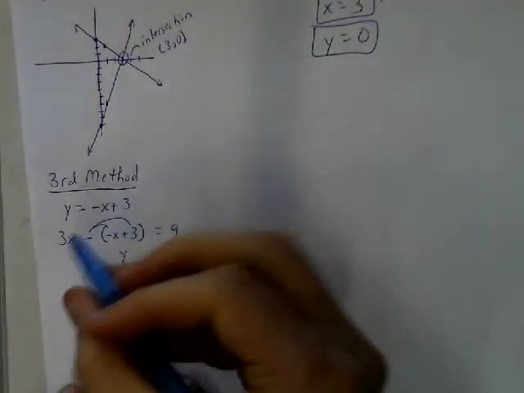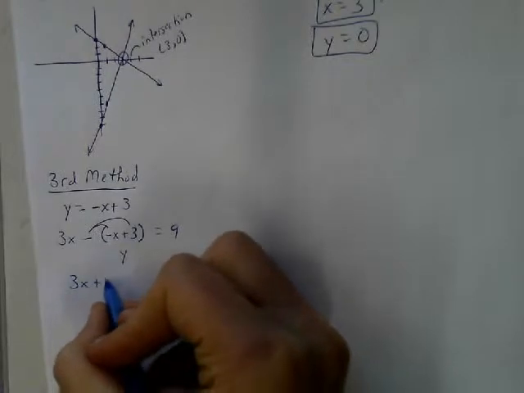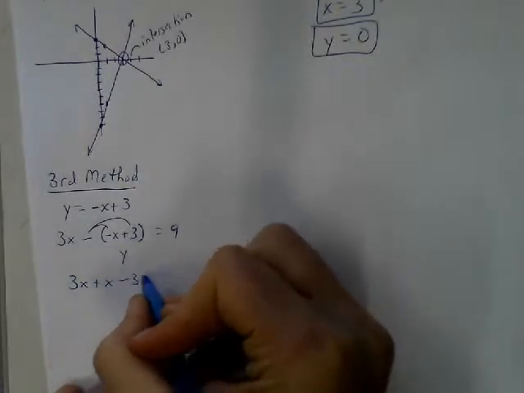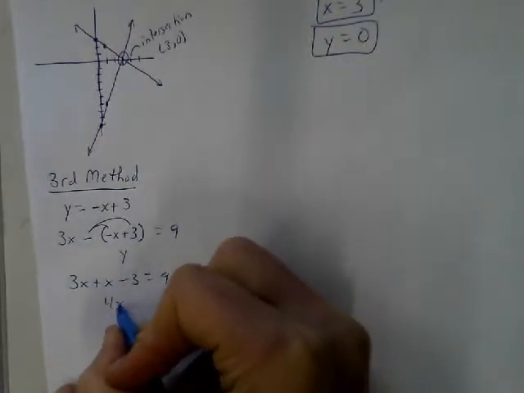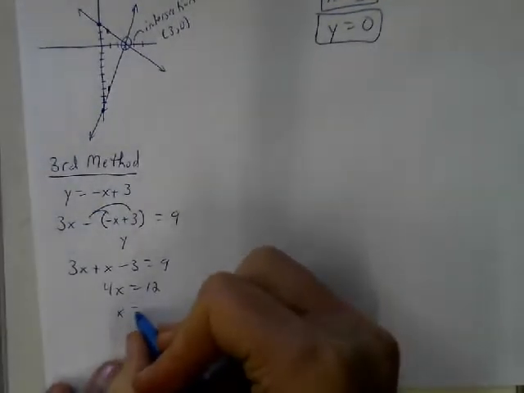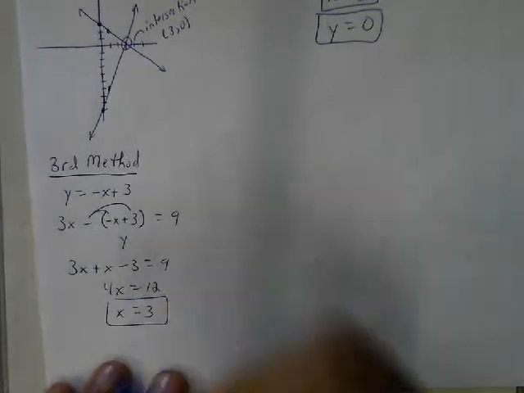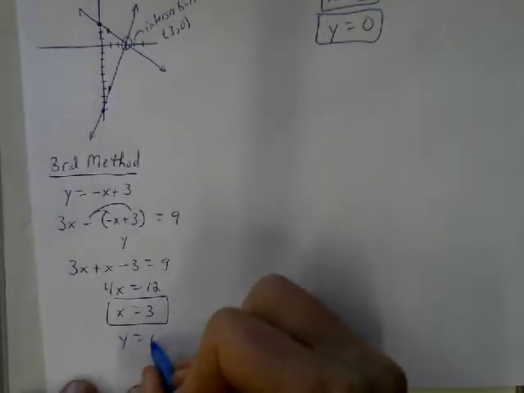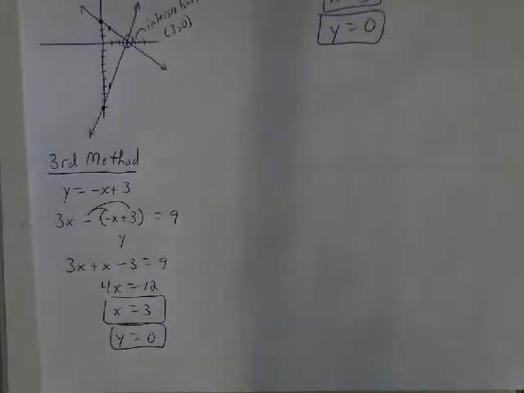When I distribute this minus sign, we get 3x plus x minus 3 equals 9. So 4x is equal to 12. Therefore, x is equal to 3. And again, y then would be equal to 0 when we plug it back in.